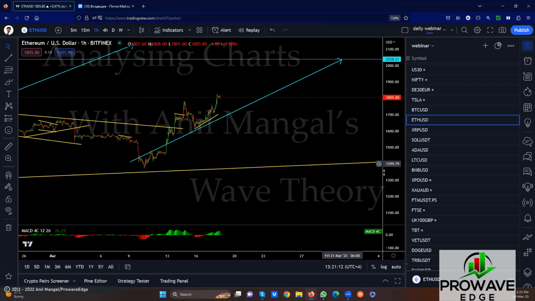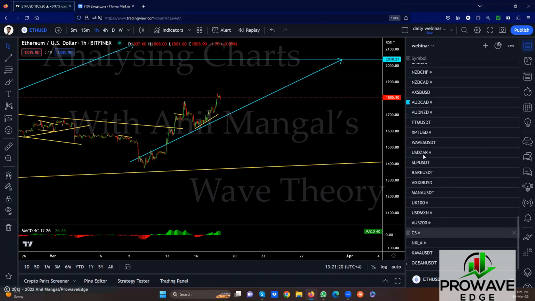Now, if you want access to all the other cryptos, including all of these you see at the bottom, all these charts here are charts our traders trade. I removed everything I had, and these are all charts that traders in the live session actually trade. They will ask me to look at them, and we keep them on here for them. Most of them are traded by 1 or 2 traders, right?